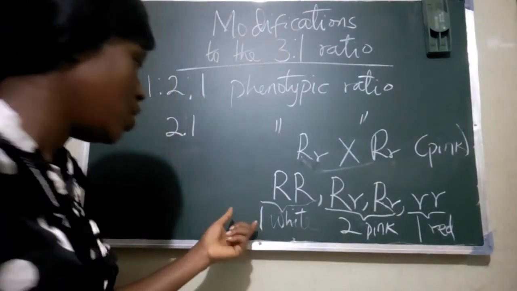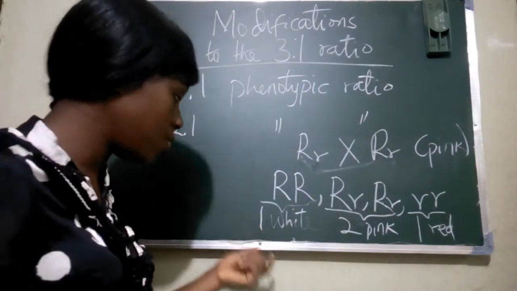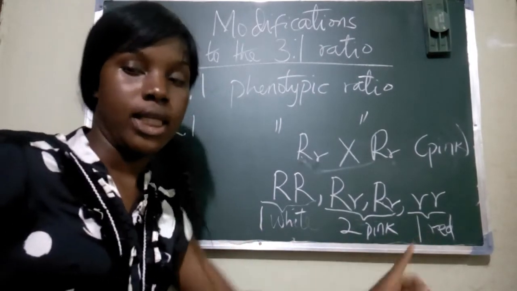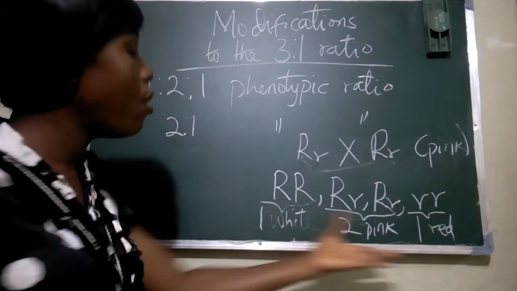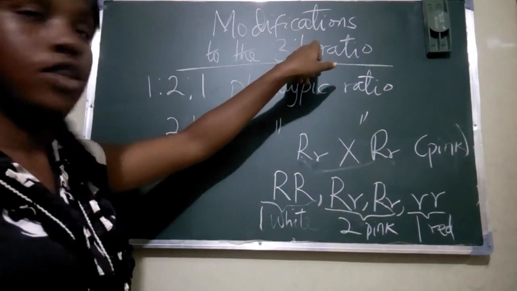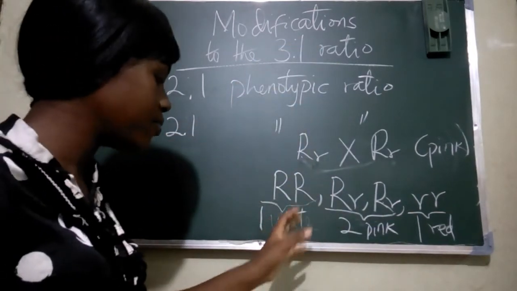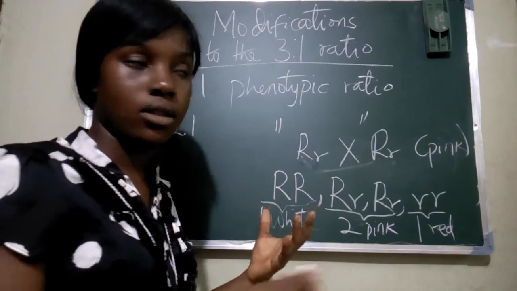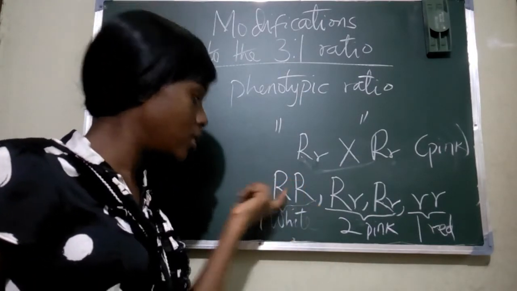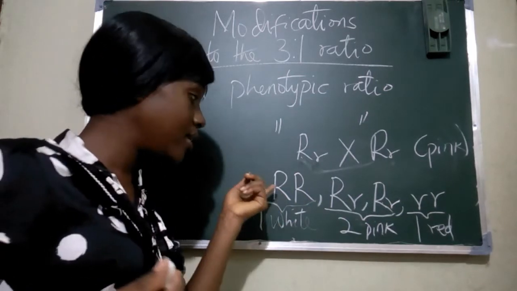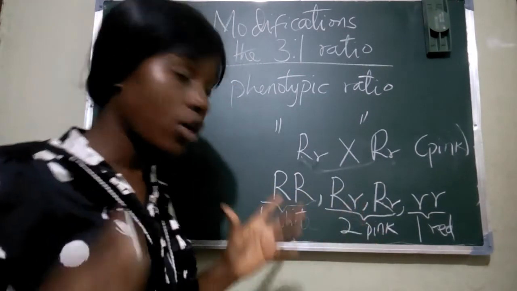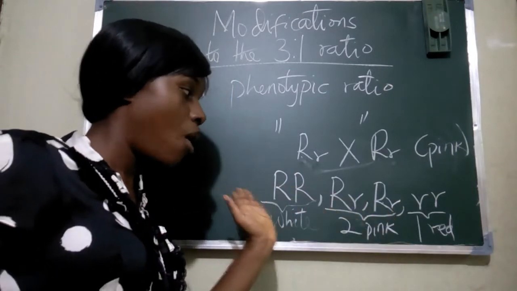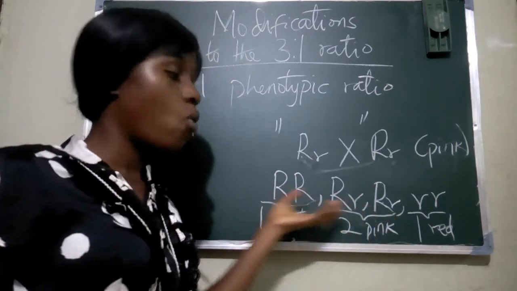So you see you have a phenotypic ratio of 1:2:1 in the F2, as opposed to the 3:1 ratio. If this allele was completely dominant over this, all their offspring here would have white flowers.